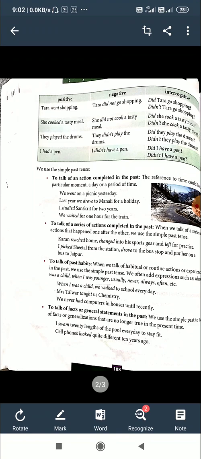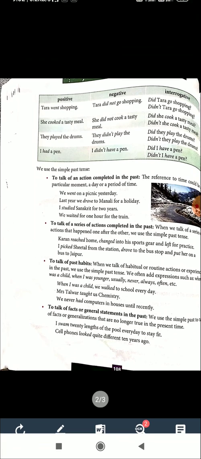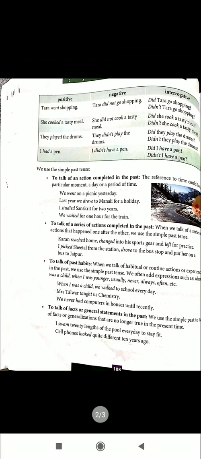Now, to talk about past habits. When we talk about habitual or routine actions or experiences in the past, we use the simple past tense.